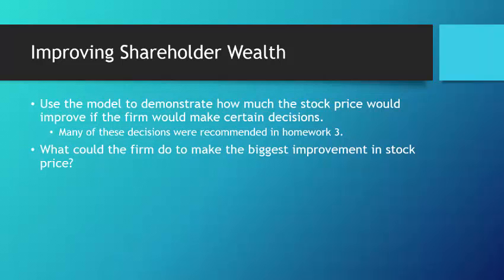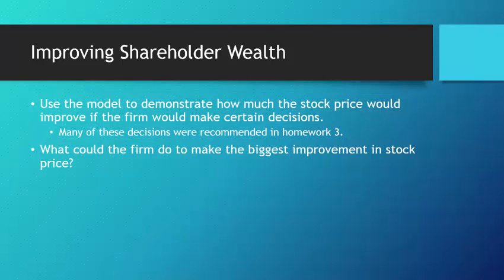This one usually gives you really puny ones, because it's just not a really good estimate. So what I would do is go back to the stuff you did in homework 3, where I'm asking you to do an analysis of how healthy the firm is, and then saying what would you do to improve its health and its performance.